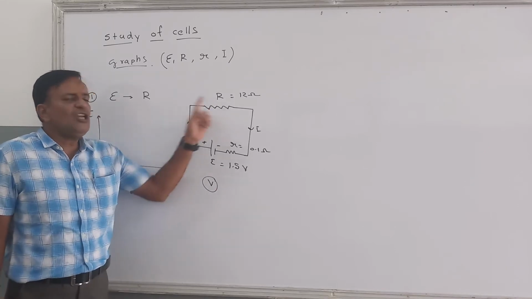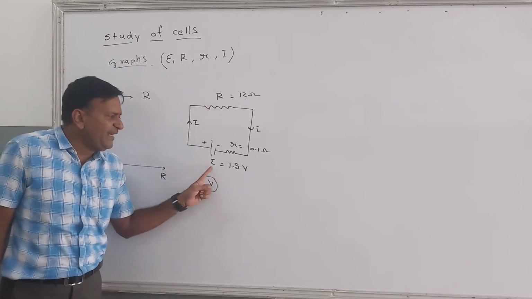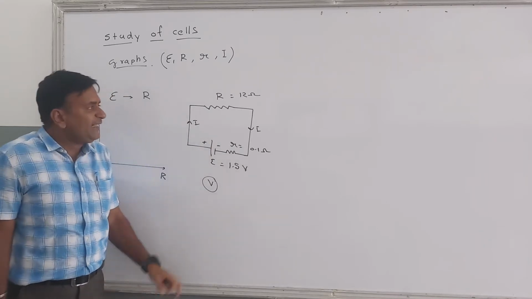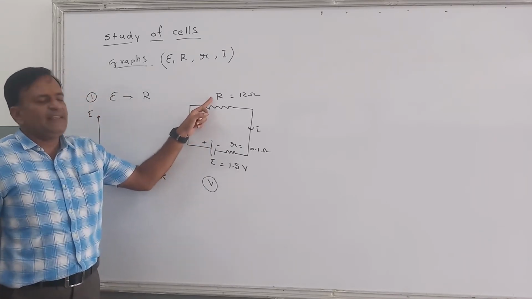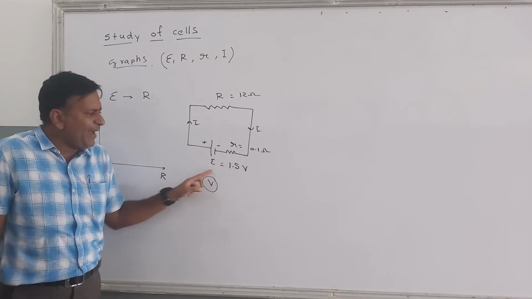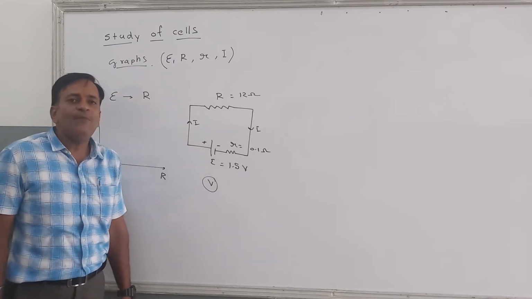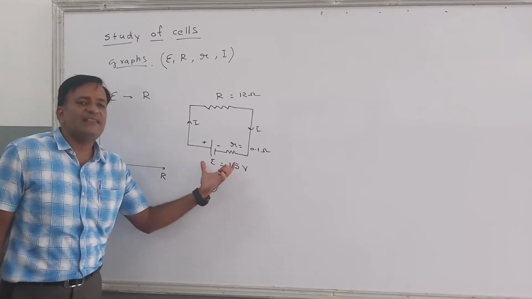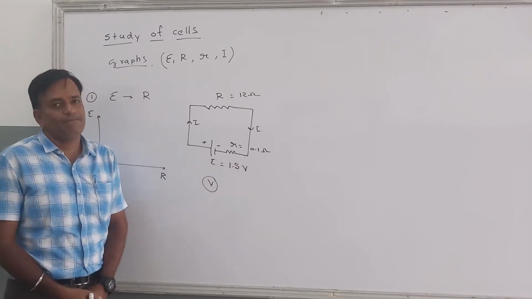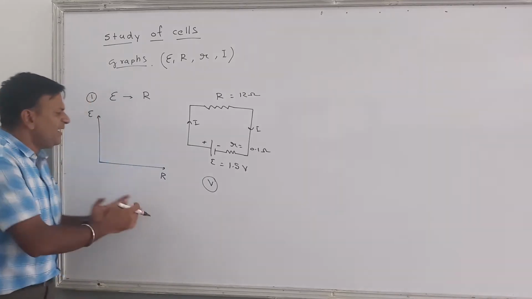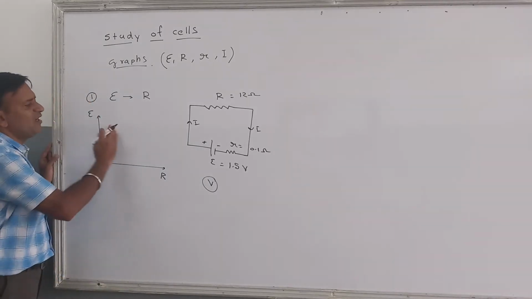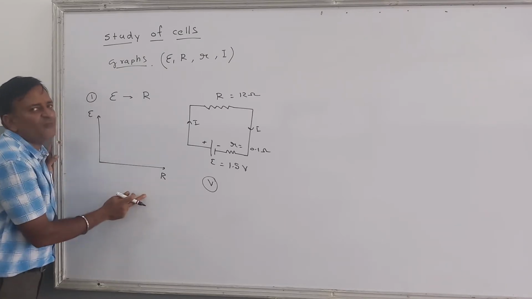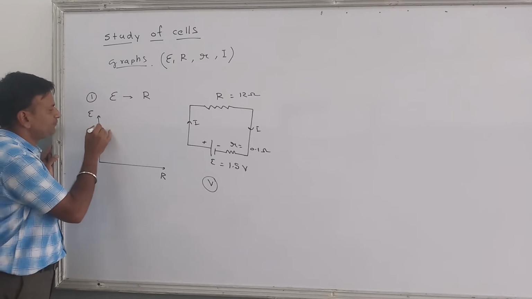So whatever is the value of external resistance, the value of EMF remains the same. However, the potential difference across the cell will change. Got it? Because EMF is not changing, EMF is independent of external resistance.